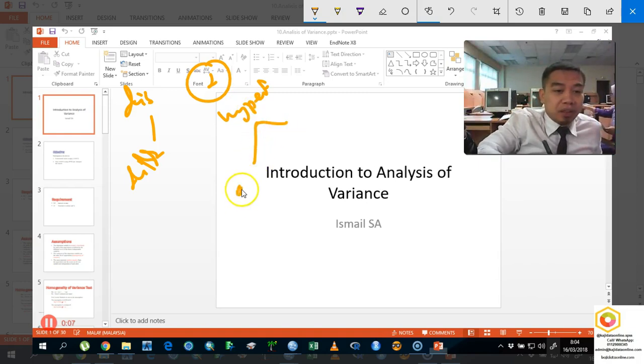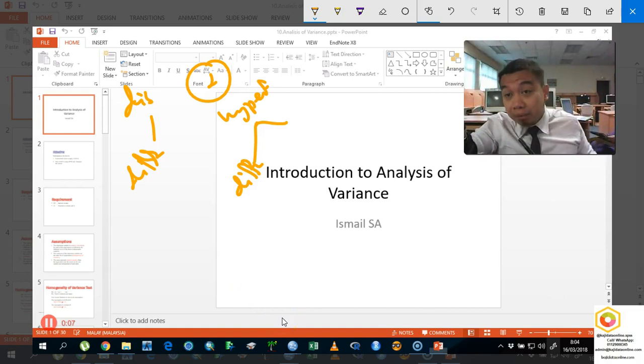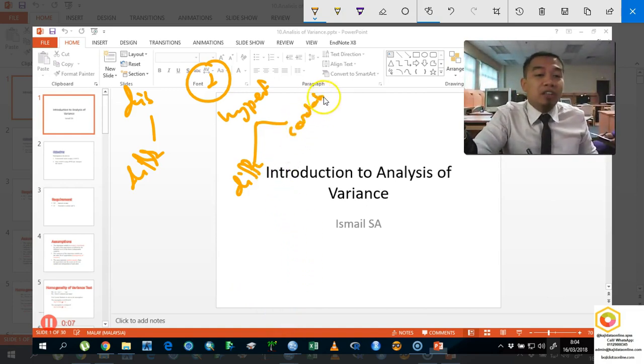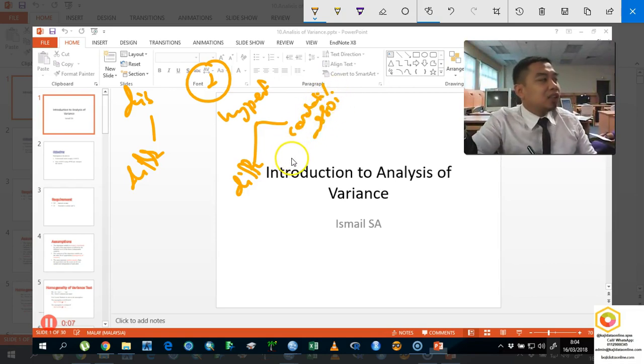The first one is the differences test, to test about the differences between variables. And then the second one is the correlation or association, pengaruh ataupun perkaitan.